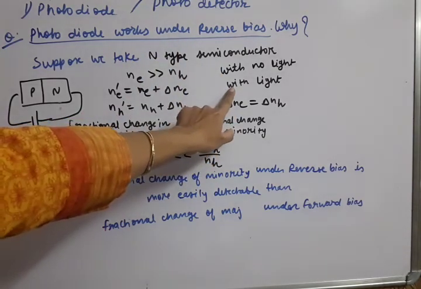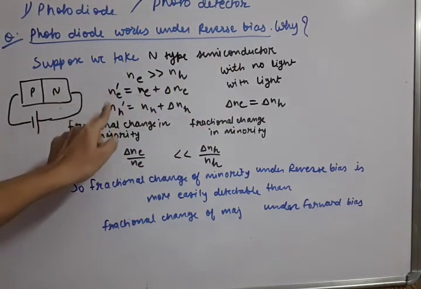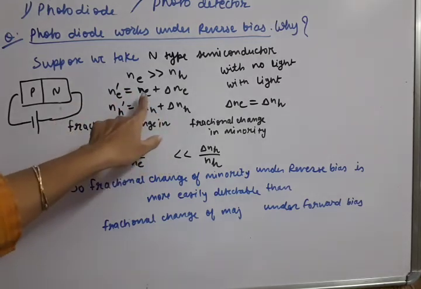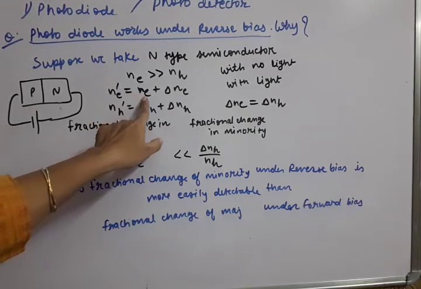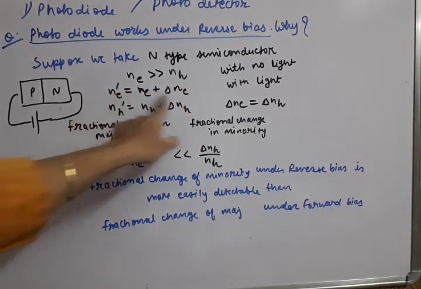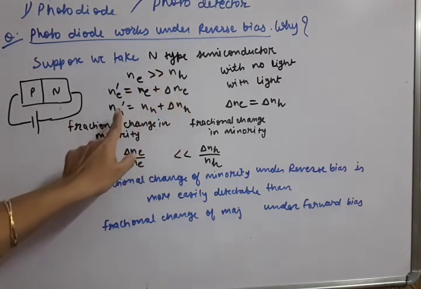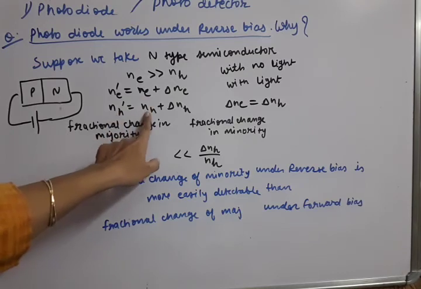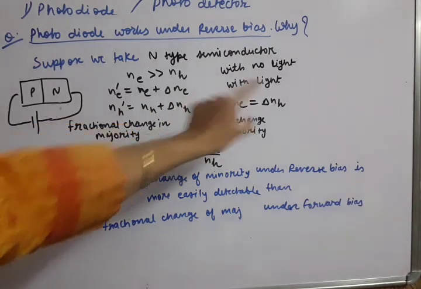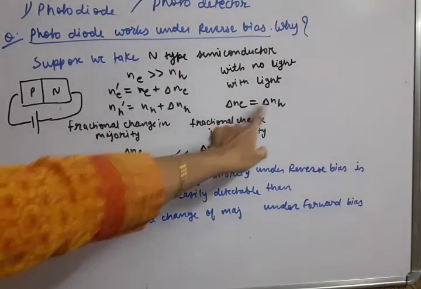Now if light is falling, then the number of electrons will increase and the number of holes will also increase by some change, delta. So Ne becomes Ne plus delta Ne, the original number of electrons plus the newly created. And the number of holes will be the original number of holes plus the new holes created. With light, an equal number of holes and electrons are created, the deltas are the same.